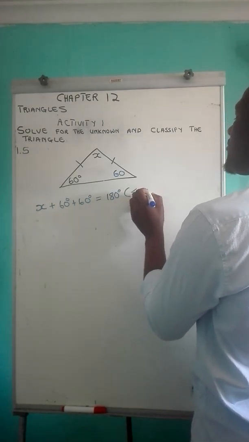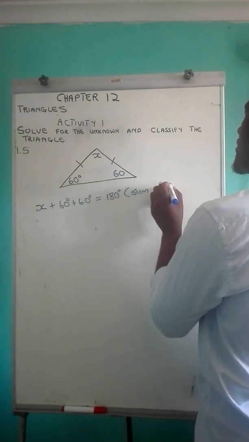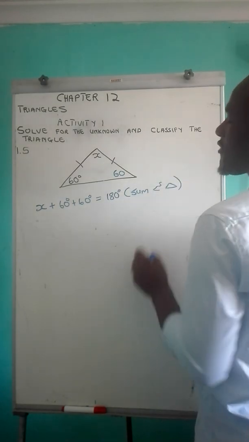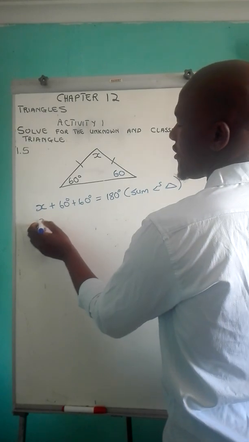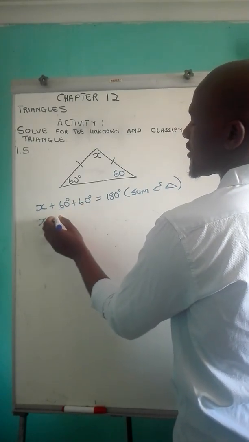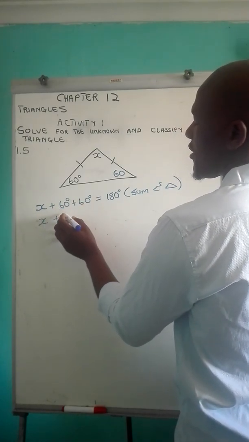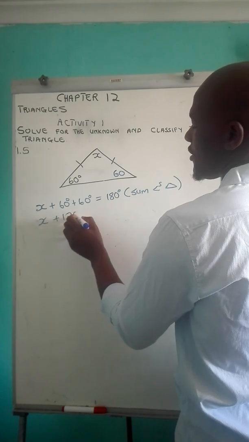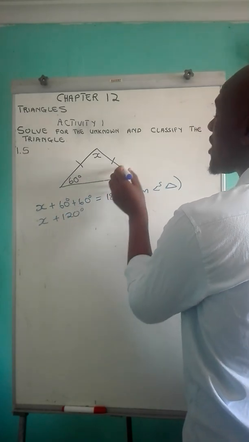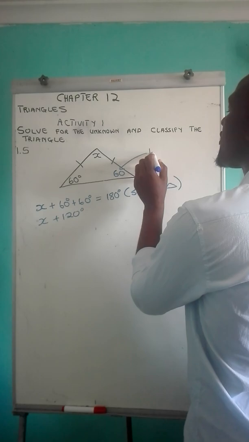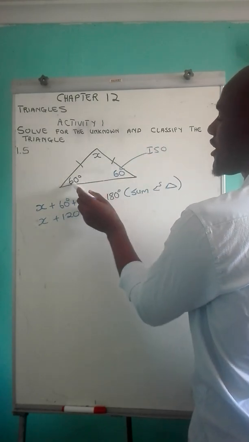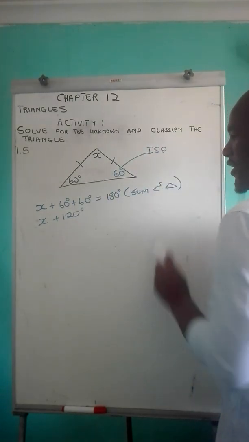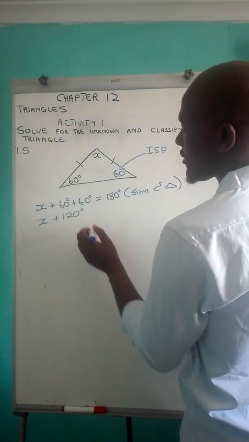Sum of the angles of a triangle. So this is x, 60 plus 60, it's 120 degrees. Somewhere, somehow, you need to tell them that this is an isosceles triangle, because if that is 60, at least you know it's isosceles.